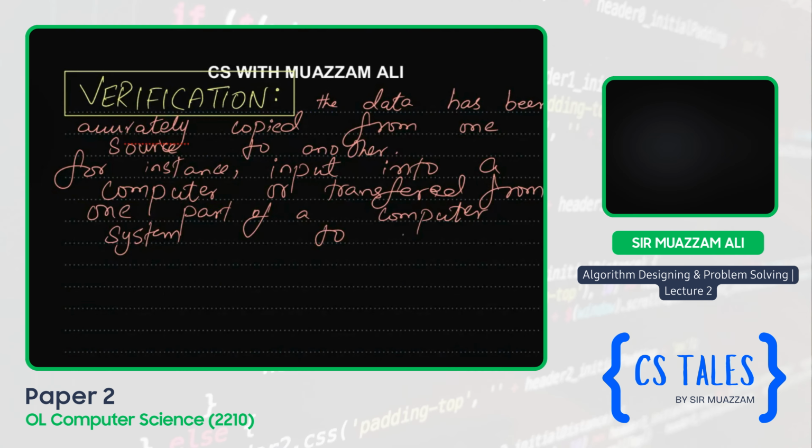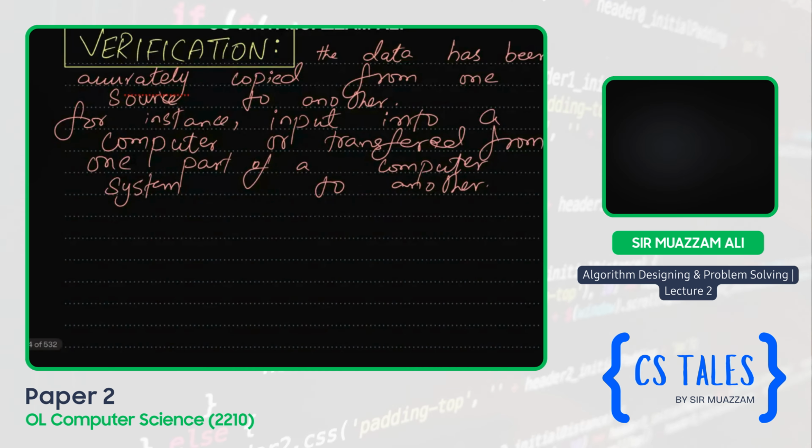Okay, so the verification method must be done by two input data types. First of them is double entry.